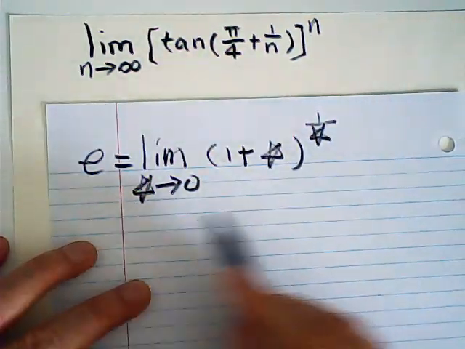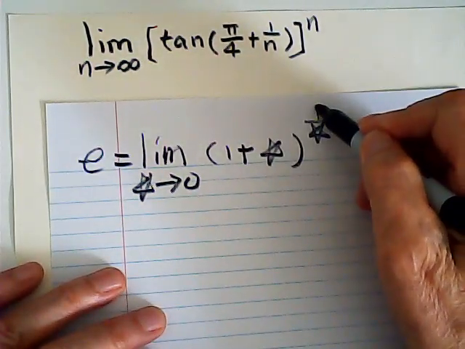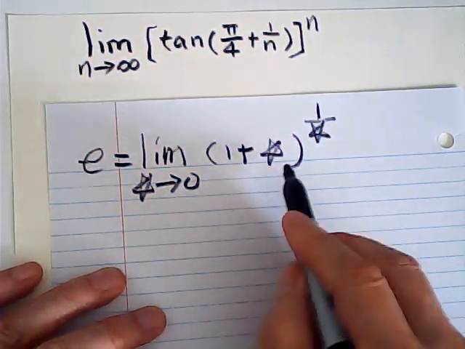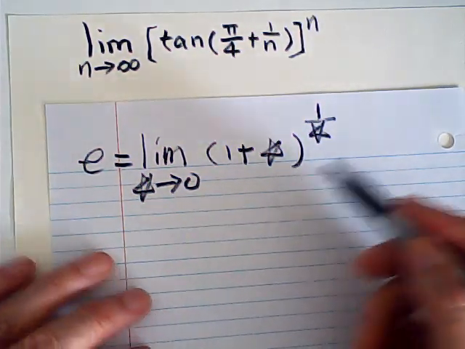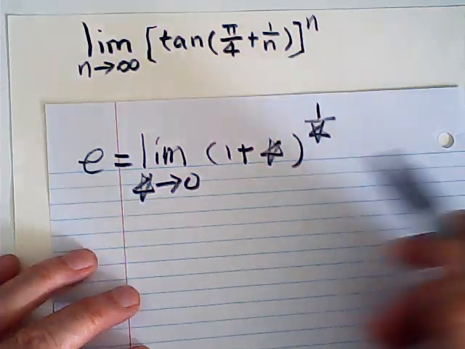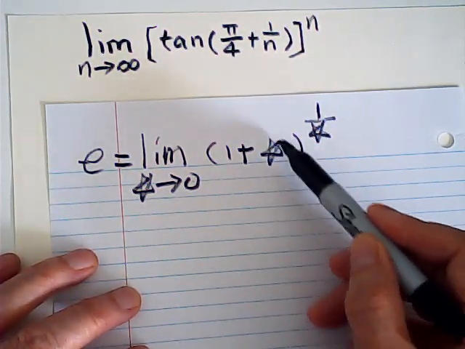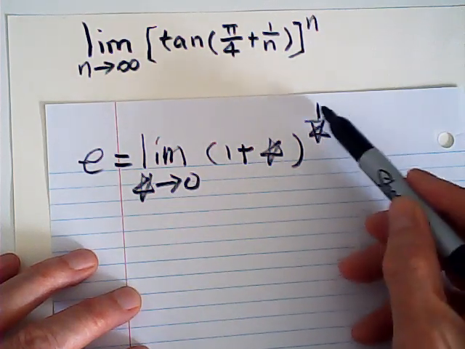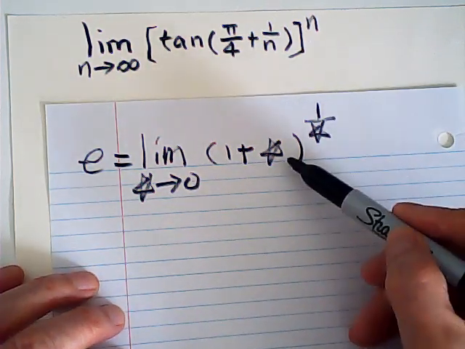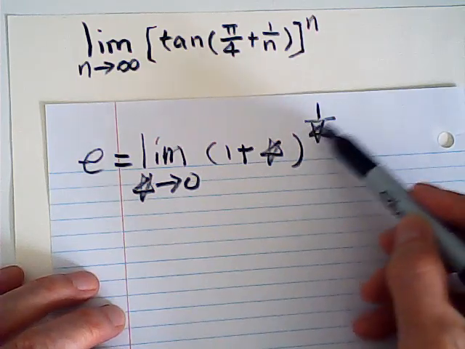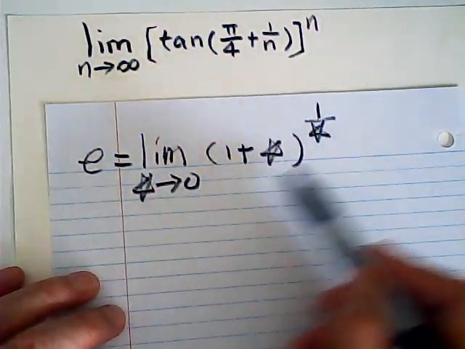That is e. Here, star could be a single variable or a function, as long as it is approaching 0, while this one is the reciprocal of star, which goes to infinity. Then this limit is e.